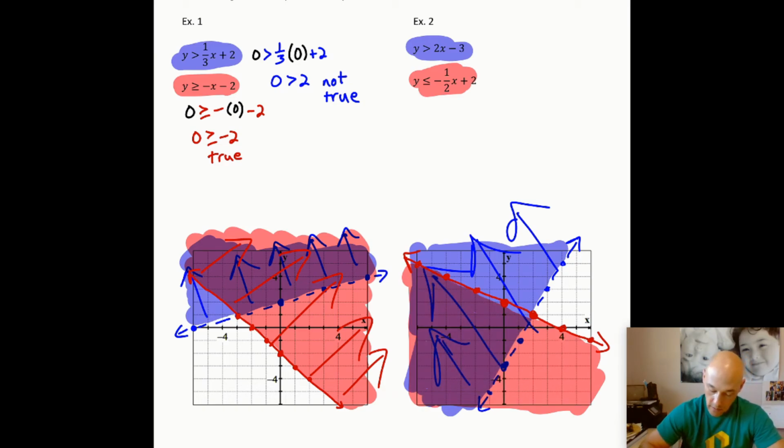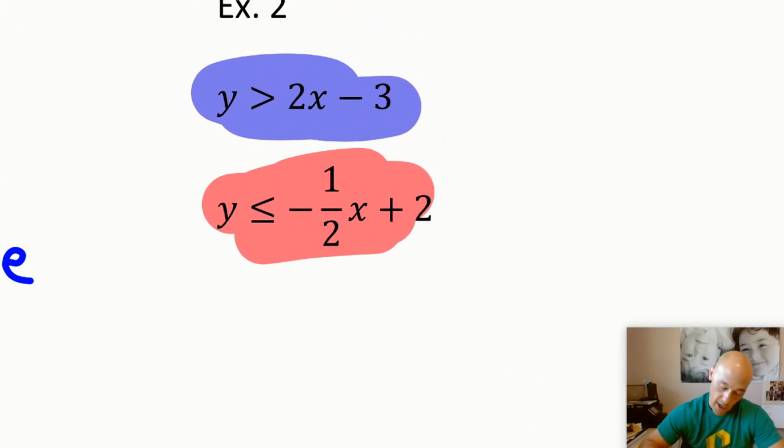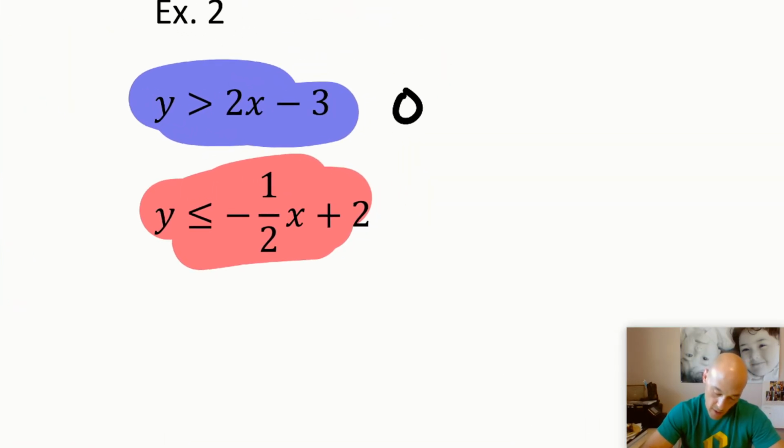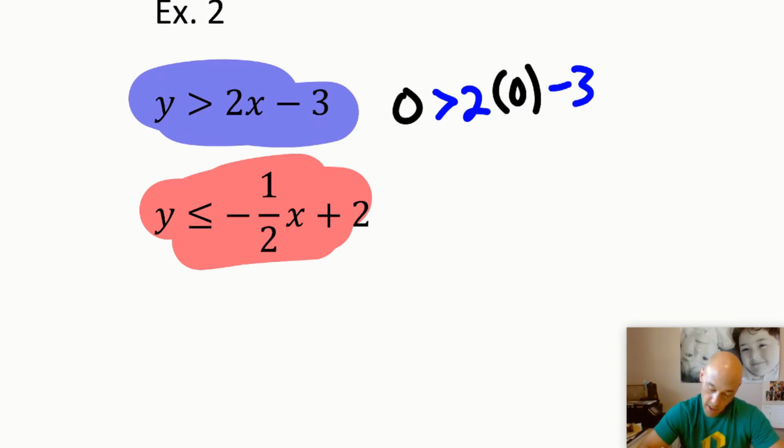And so it's here, like that. And if we want to check, hey, I want to check something in here. Look at that, 0, 0 is in the solution region. So we're going to try 0, 0. I plug in 0 is greater than 2 times 0 minus 3.